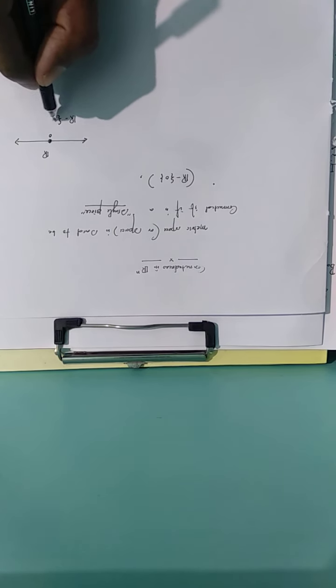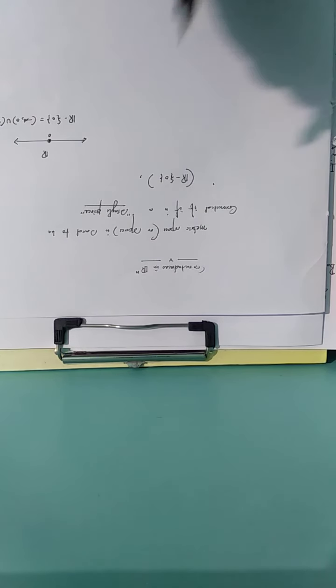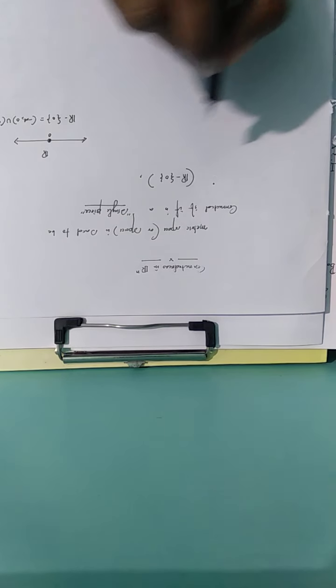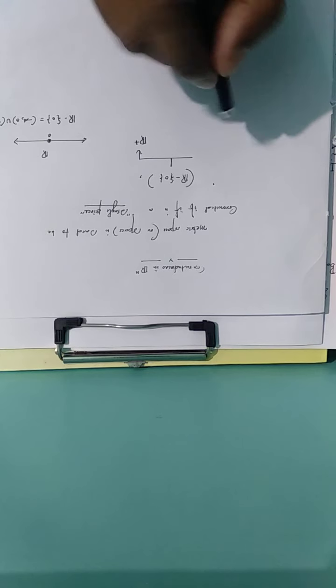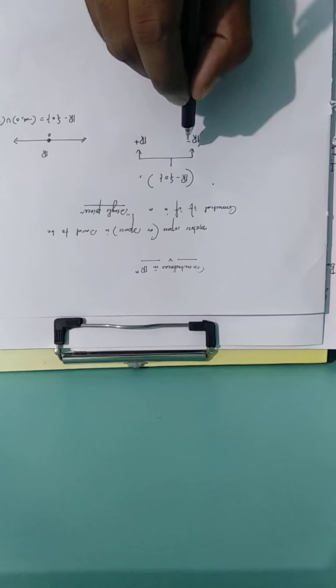So R minus 0 equals minus infinity to 0 union 0 to infinity. We would think of it as consisting of two pieces, one of positive numbers, that is R plus, and the other of negative numbers, that is R minus.